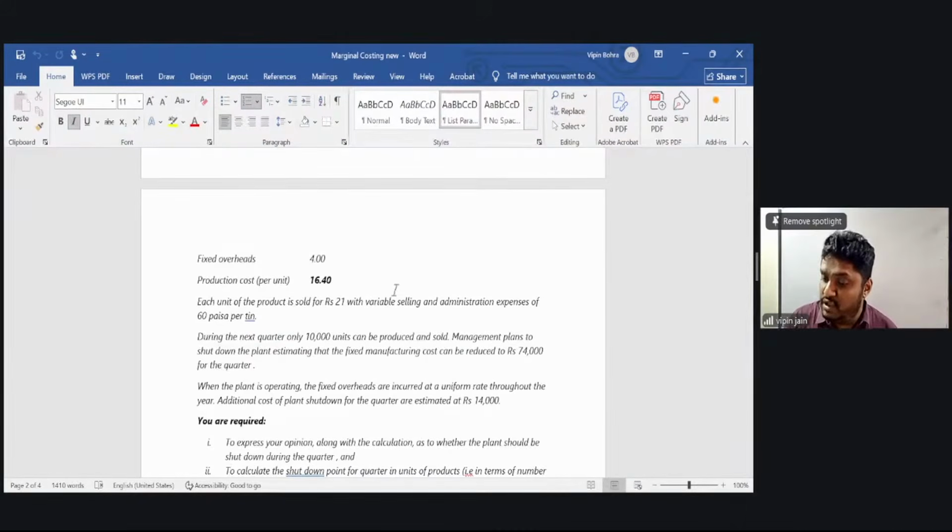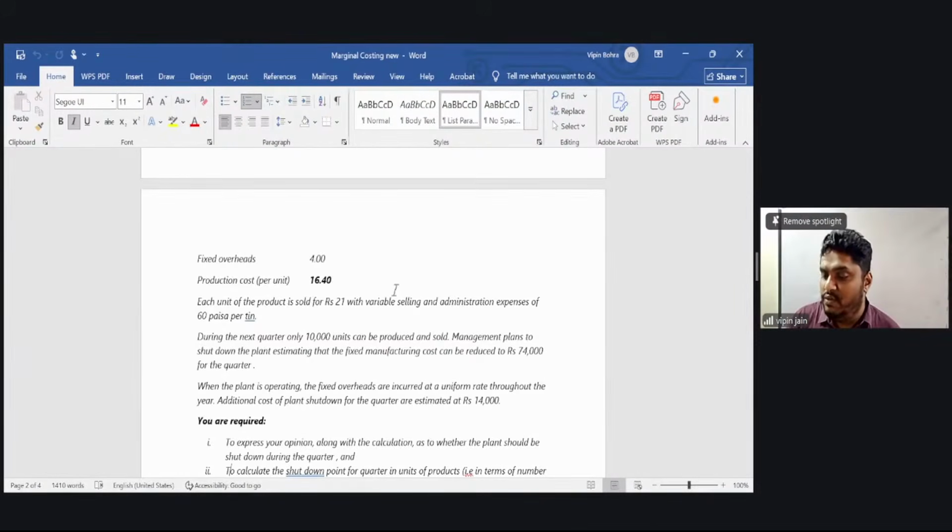I think due to recession or some situation, in the coming quarter they will be able to manufacture and sell only 10,000 units. So they are planning what to do and what not to do.